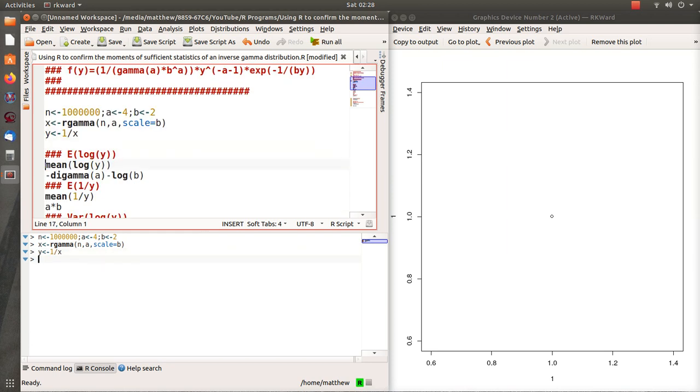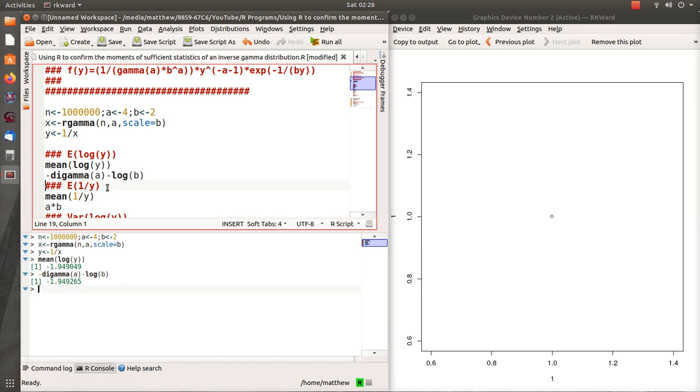Now, in the video, the exponential family inverse gamma, we calculated the mean of the log of y. And here to simulate it, we just take the log of y, which is our data vector, and take the mean of it, and we get minus 1.94. Now in the video we calculated it as minus digamma of alpha minus log of beta, and that comes out to also negative 1.949.